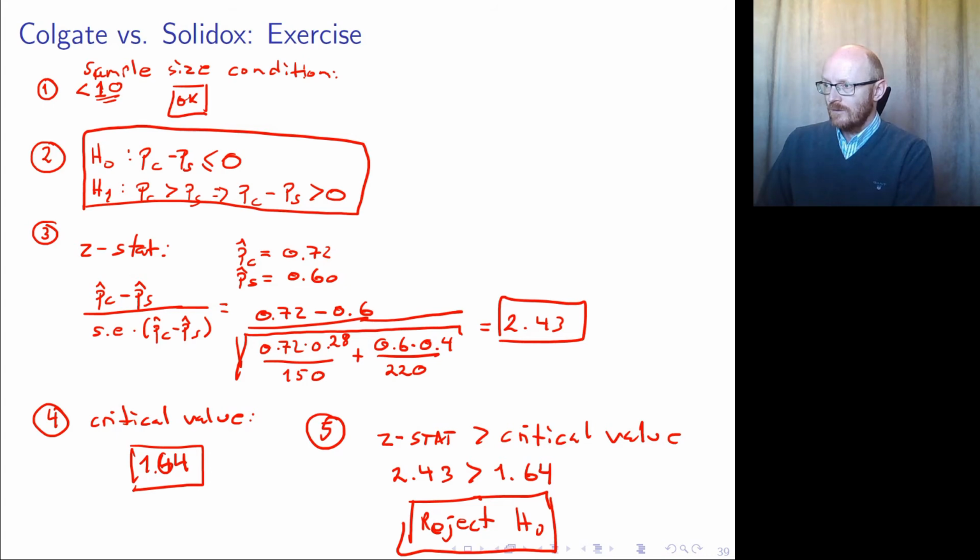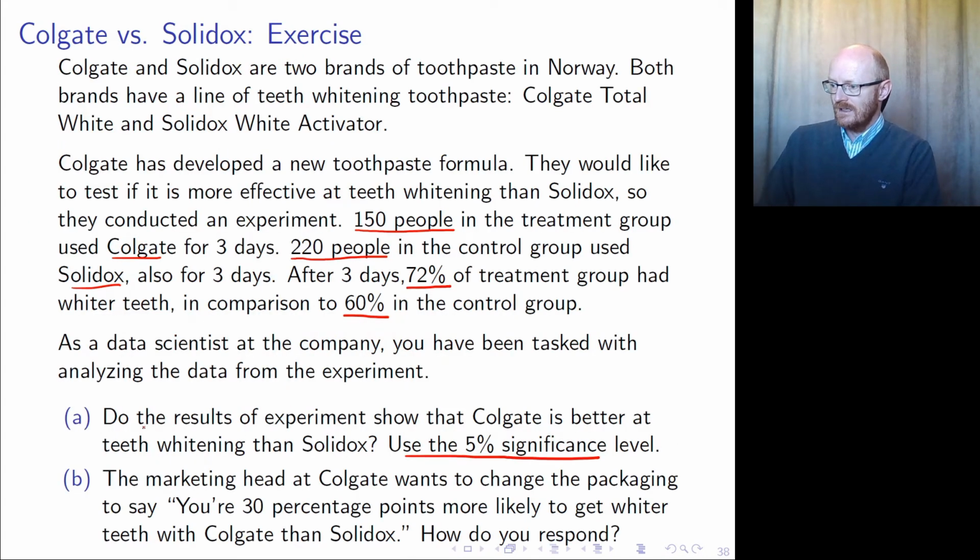So what we find is that the results of the experiment show that Colgate is better at teeth whitening than Solidux at the 5% level.